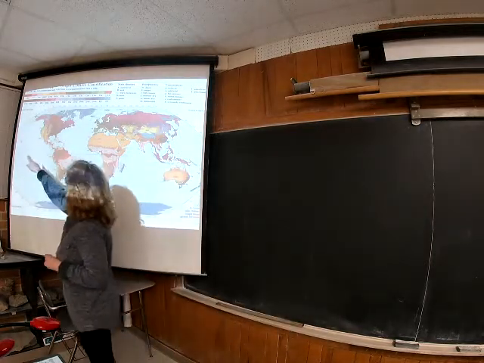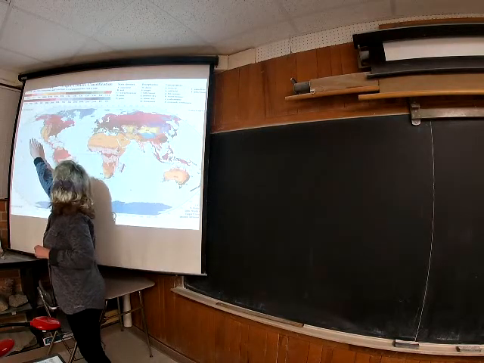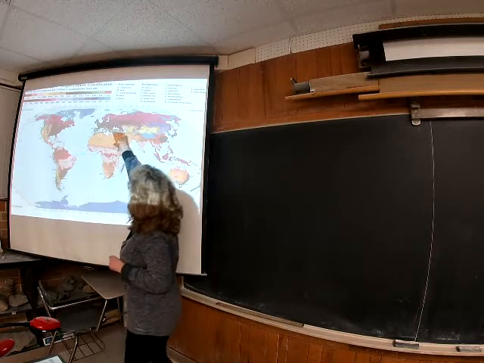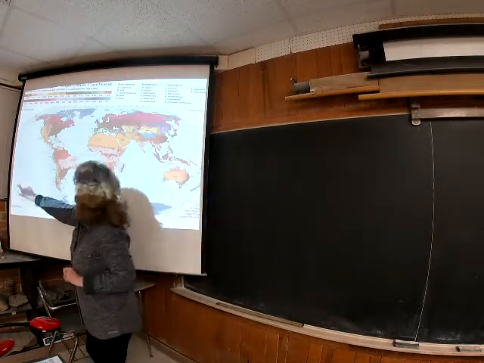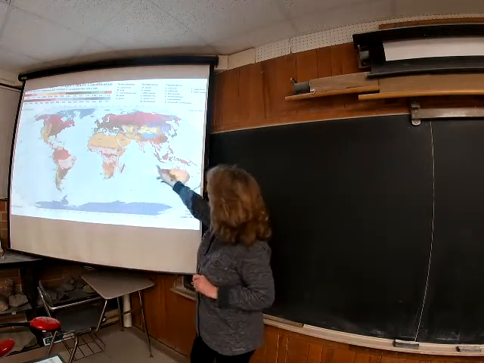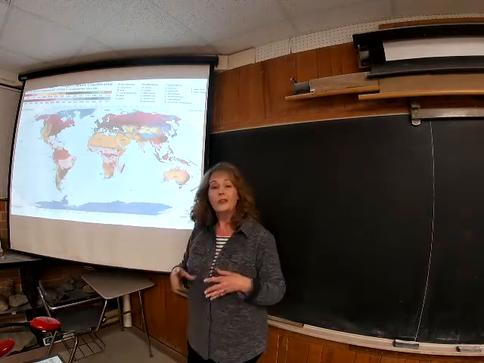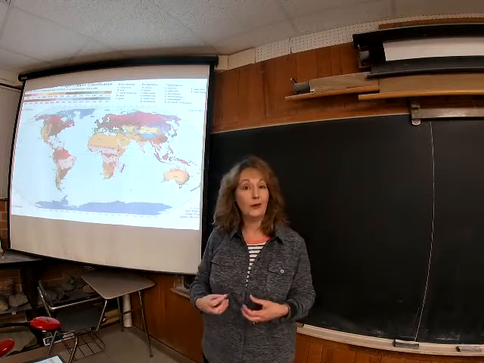If we look about 30 degrees north and south of the equator, a strip right about here and again along there, those are where the great major deserts of the earth are located.